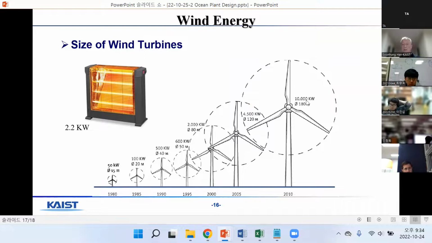Now it is 10 megawatts or 180 meter diameter, a big change. Also, this symbol is a home, for 2 kilowatt consumption of electricity. So you may see how many homes can be covered by each unit for a city.